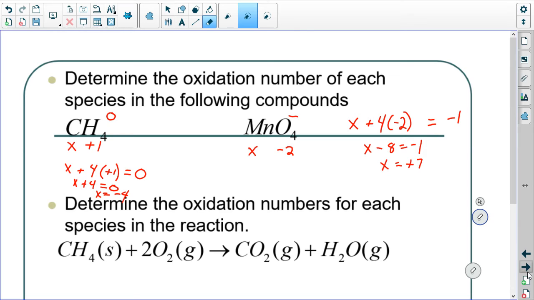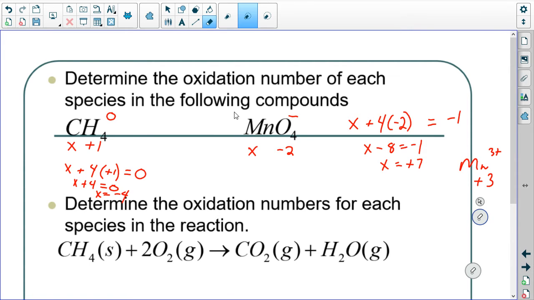If I have manganese 3+, that guy's going to be assigned a +3 charge. It is dependent upon what entity it's in. Entities are considered to be elements or ions. So that's what I mean by the word entity.